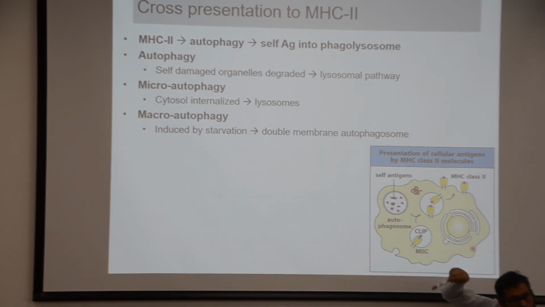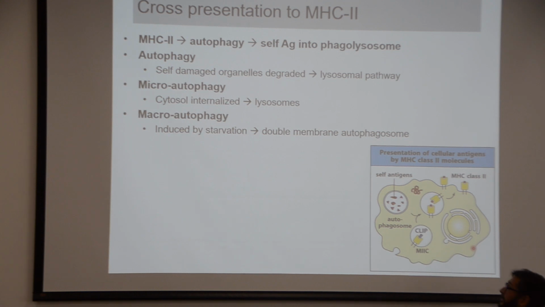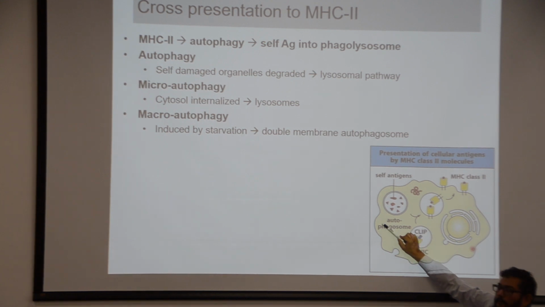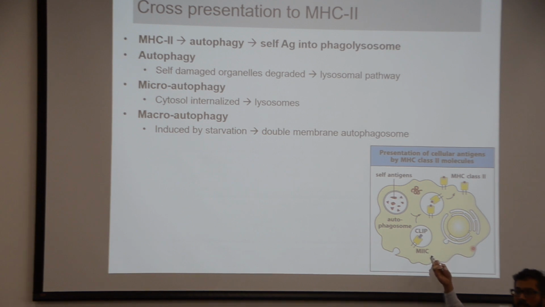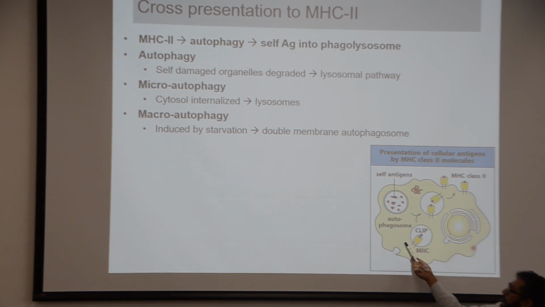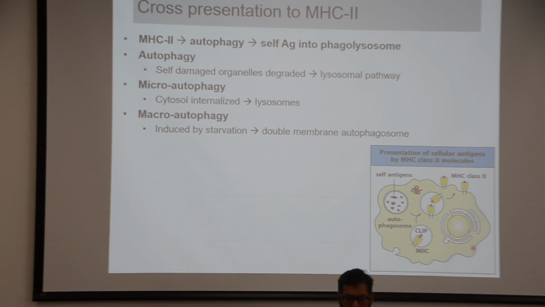And anything that is phagocytosed goes on to MHC class 2. So it comes here and gets onto the surface. So any cytoplasmic product in an antigen presenting cell is therefore, through the process of autophagy, put on the cell surface.